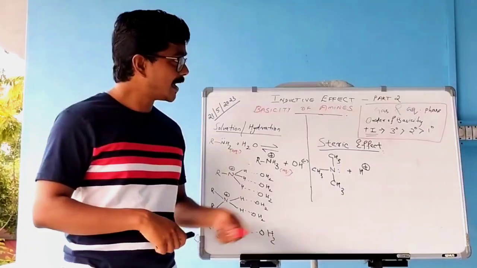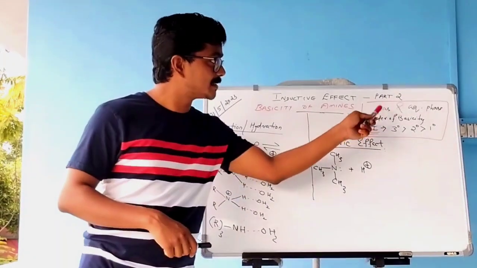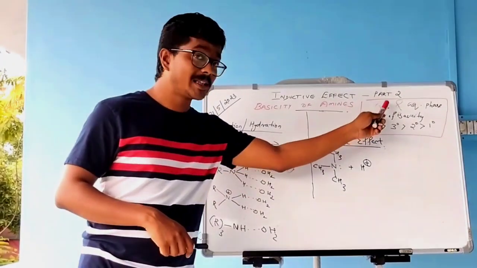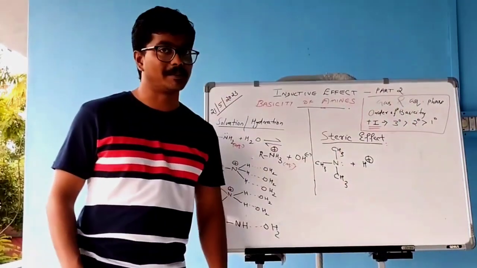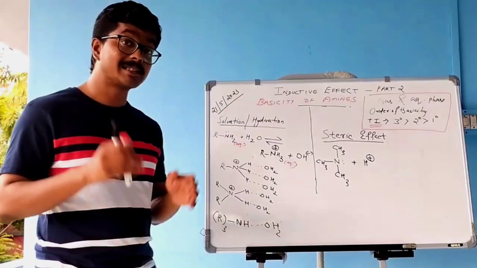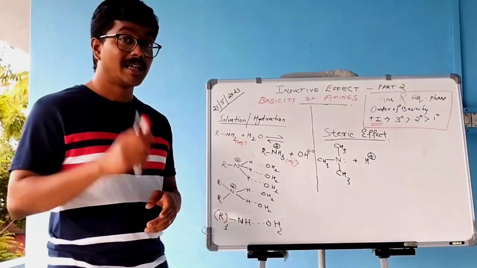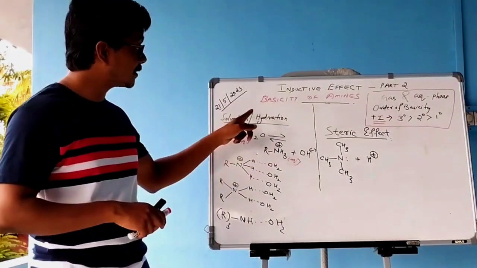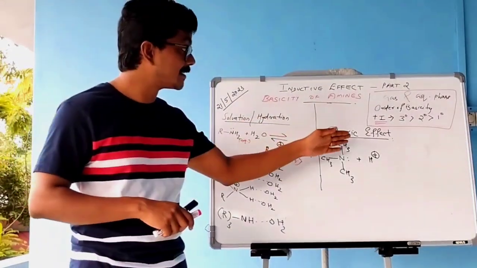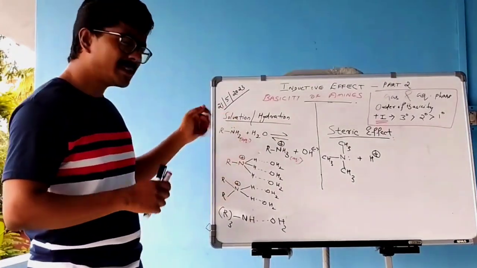Now learn that according to plus effect, the order of basicity of amines both in gaseous and aqueous phase is tertiary greater than secondary greater than primary. But in aqueous phase, the resultant basicity can be determined with the support of two additional factors. One is solvation or hydration effect and the other is steric effect. What is solvation effect?